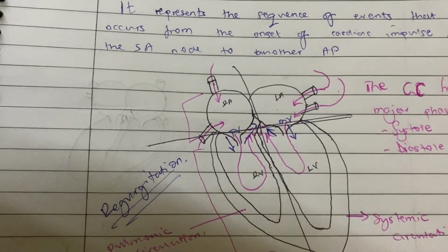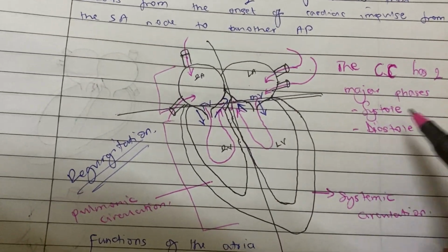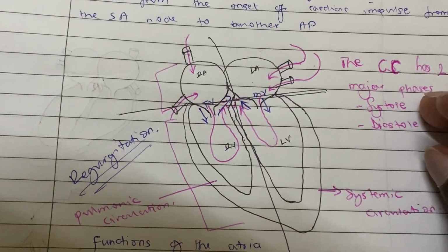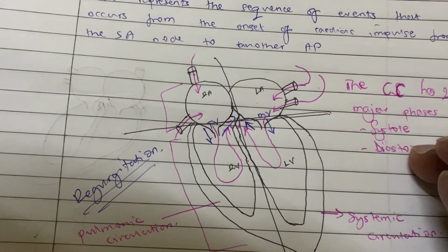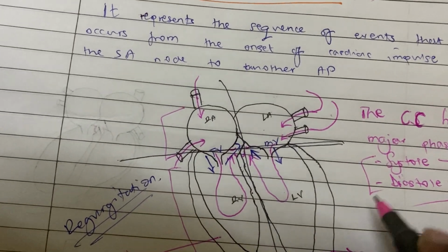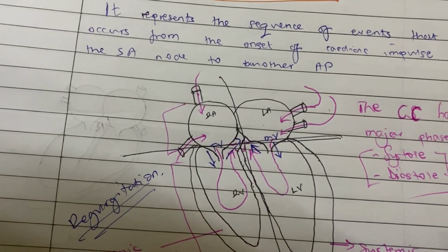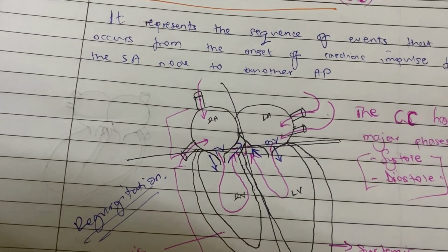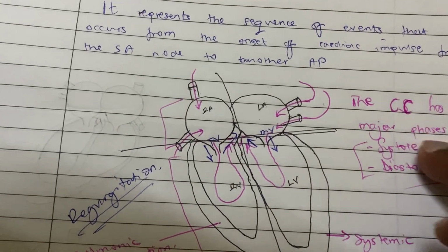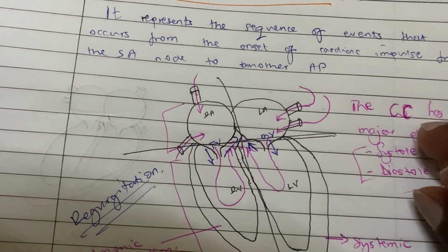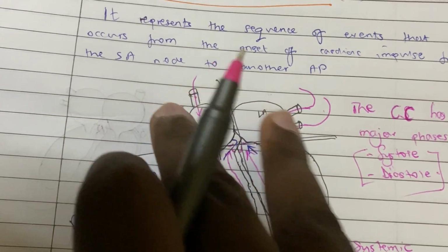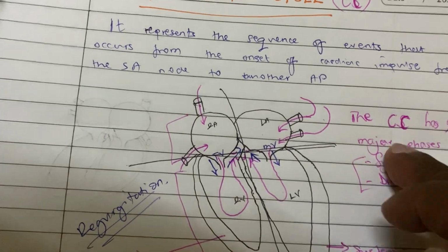That one is clear. We have seen the two major phases of the cardiac cycle, systole and diastole. These are the major ones, but in actual sense they are further divided, each into almost 3-3. And in this 3-3, the atria have their systole and diastole.